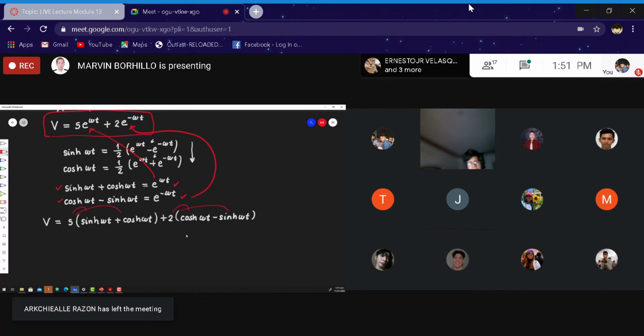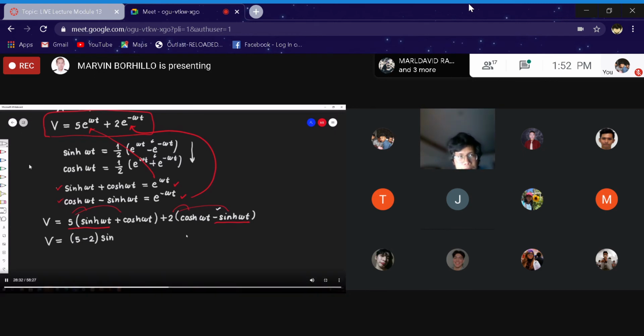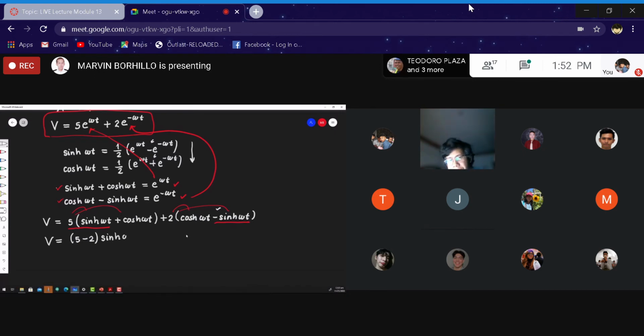Yung like terms ng 5 sine omega t, itong part na to. Itong isang to, no? So, V magiging yung isa, no? De 5 minus, ito yung minus 2 hyperbolic sine of omega t.